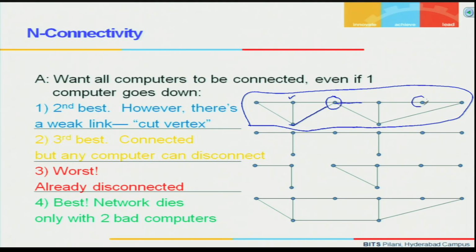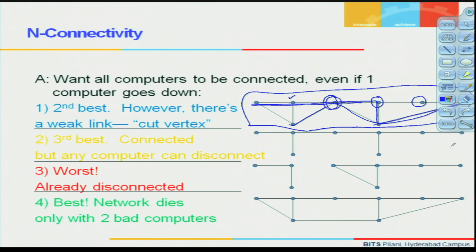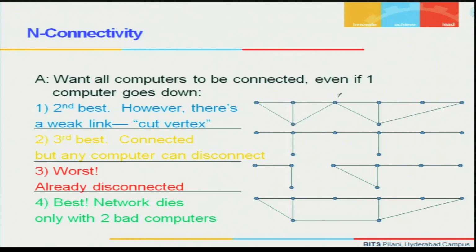Even if this guy goes down, I can reach this guy like this, I can reach this guy like this, there is no problem. And if this guy goes down, I can reach this guy like this, from anywhere to anywhere. The only problem is, if this guy goes down, then I have got a bigger problem. I can't reach from here to here. So this is second best here.